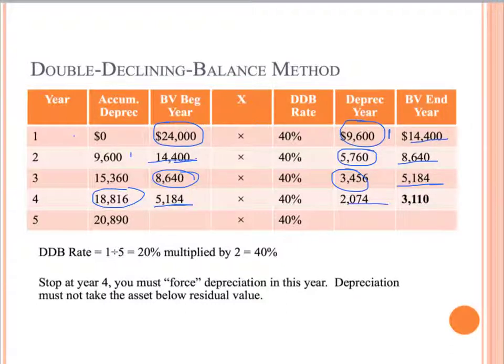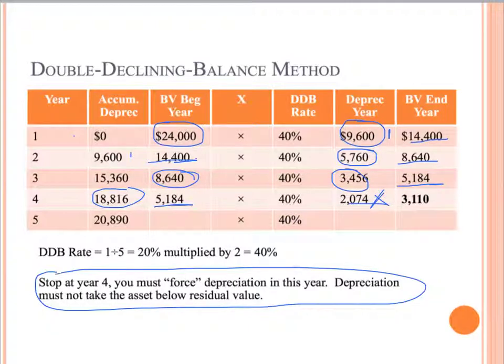We cannot use this amount. Stop at year 4. You must force depreciation this year. Depreciation must not take the asset below residual value. And residual value, we were told, was $4,000. So we can only take this number right here to $4,000.